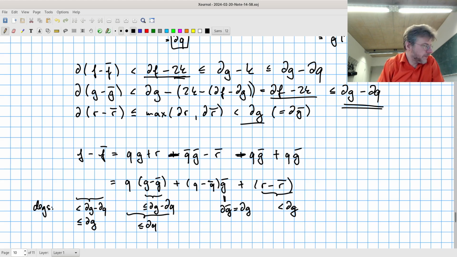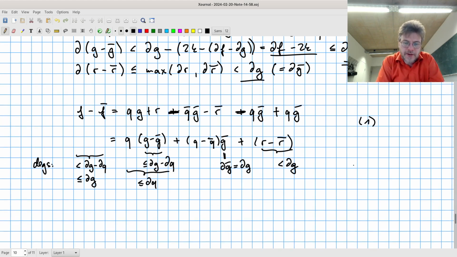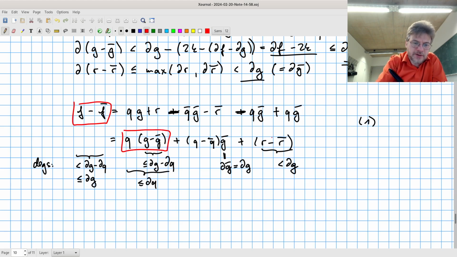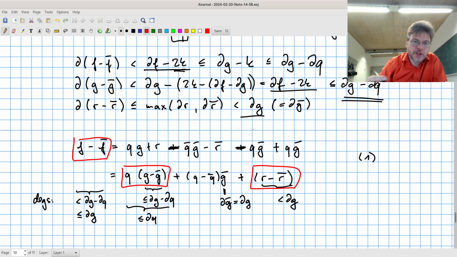Okay, so let's call this equation 1. We will later need this. If you look at this equation, then you see everywhere here, this one has degree less than g, this part has degree less than g, and this part has also degree less than g. Yeah, to be more careful, I should say this is, first of all, this is g, and secondly, this is less than g, because here I have less than.